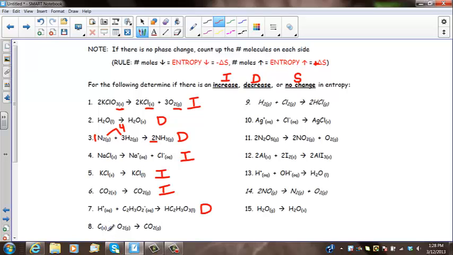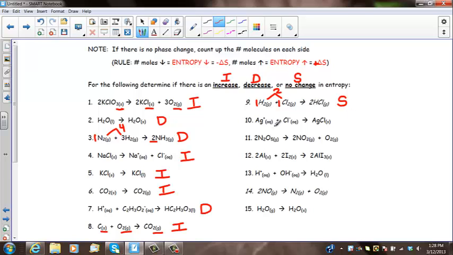And in the last one, you have a solid and a gas on the left going to all gas on the right, so this is also definitely an increase in entropy. Continuing with number 9, we have an all gas system. Notice we have 1 and 1, so that's 2 moles of gas on the left versus 2 moles of gas on the right. So here our entropy is staying the same.